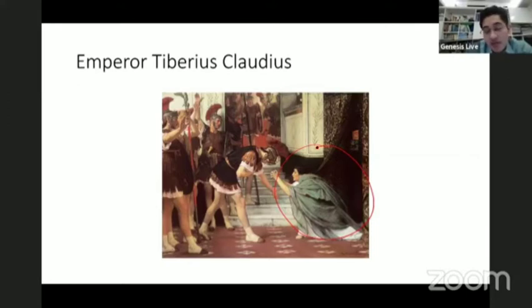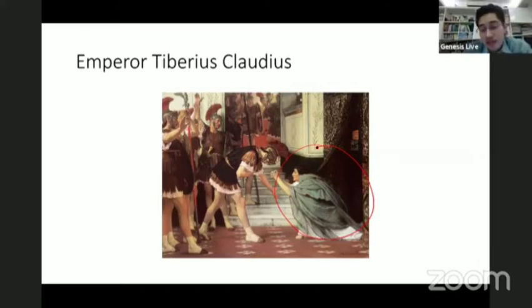Now, some people say that this was actually fake. He was able to walk, but he liked that people used to underestimate him when he was limping. So by showing this fake limp, he rose to the position of a Roman emperor, and he was one of the few Roman emperors who ultimately had a natural death.